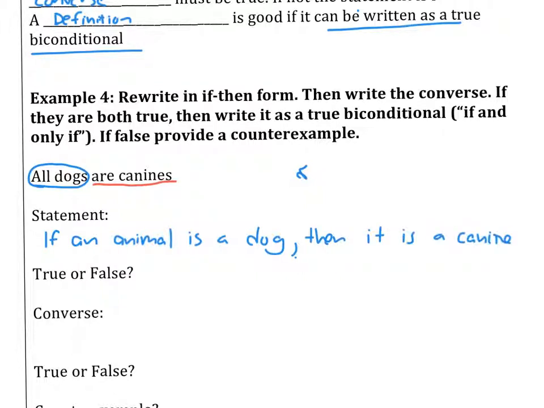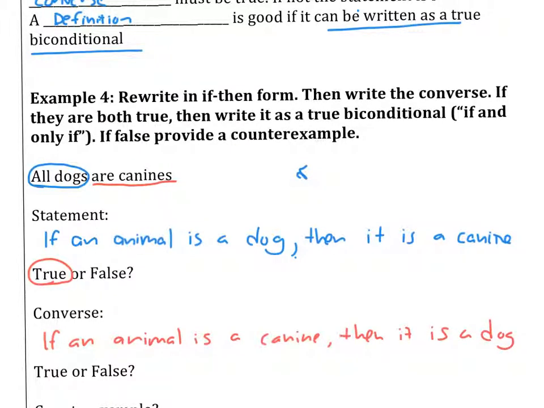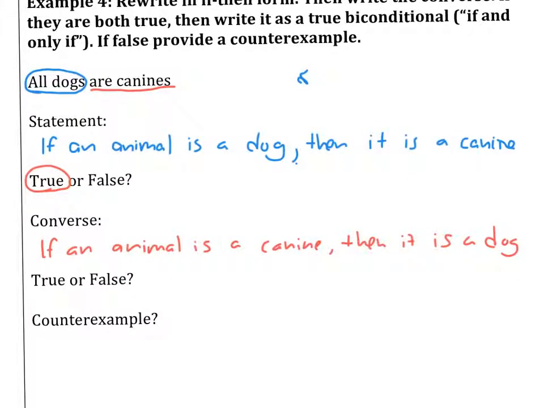We can analyze this. If an animal's a dog, then it's a canine. True. The converse of that: if an animal is a canine, then it is a dog. Now, analyzing this statement is a matter of debate because it depends on how you interpret the word dog.